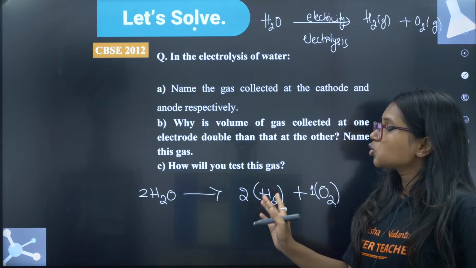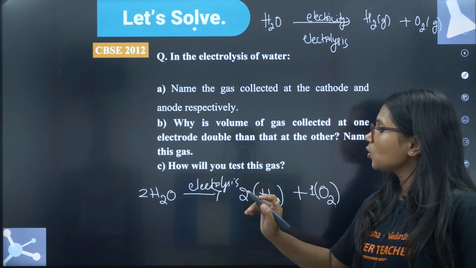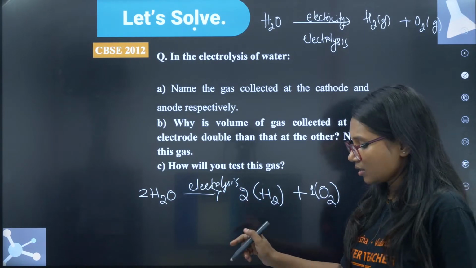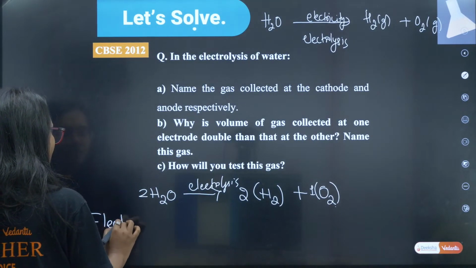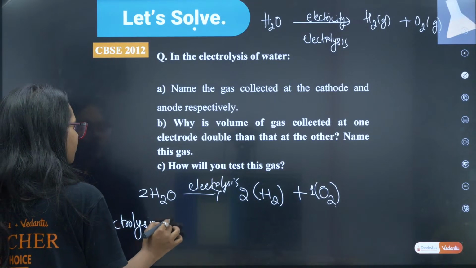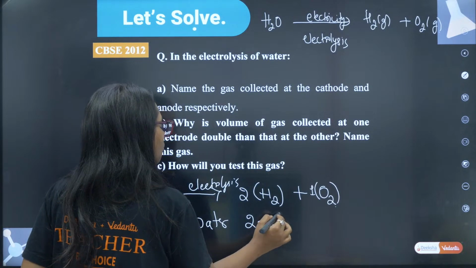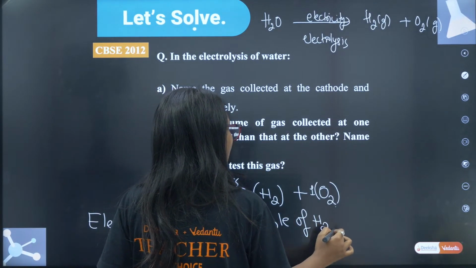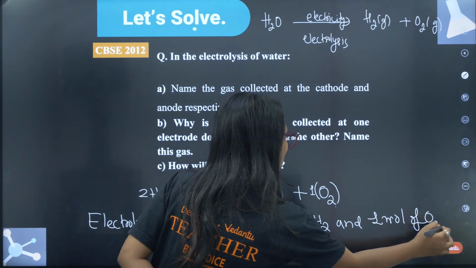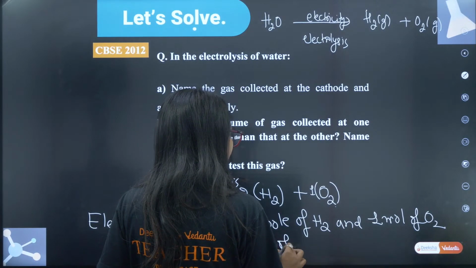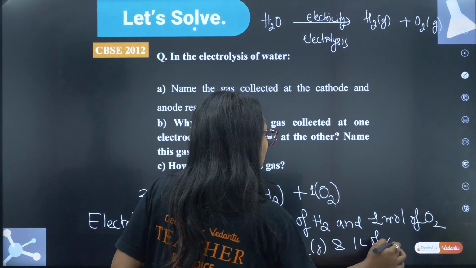So, electrolysis of water will give you 2 moles of H2 and 1 mole of O2, and I can also say that 2 liters of H2 gas and 1 liter of O2 gas.